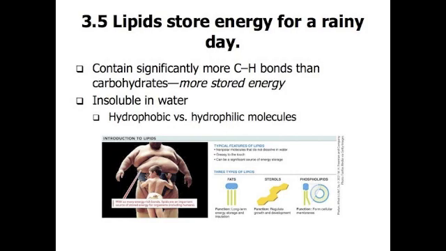The chemical breakdown of fat molecules releases significantly more energy than does the breakdown of carbohydrates. A single gram of carbohydrate stores about 4 calories of energy, while the same amount of fat stores about 9 calories. A calorie is the energy needed to raise the temperature of 1 gram of water by 1 degree Celsius.